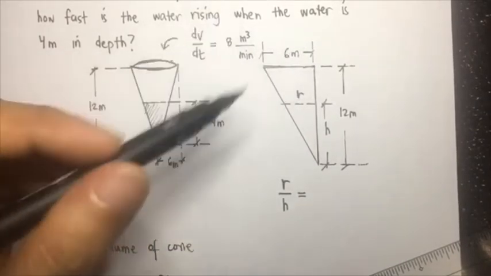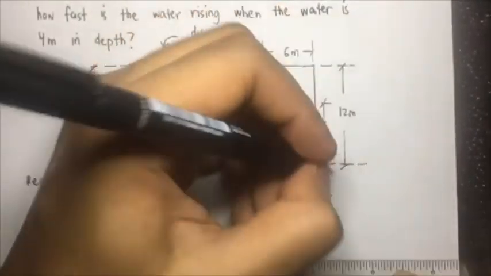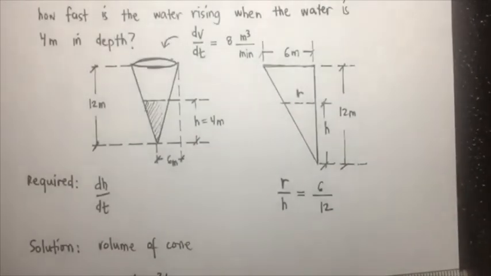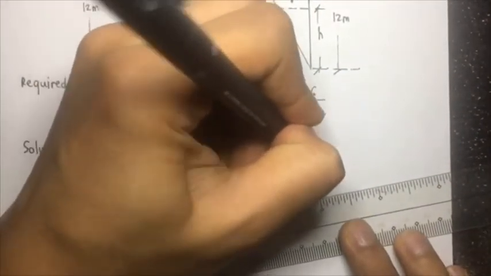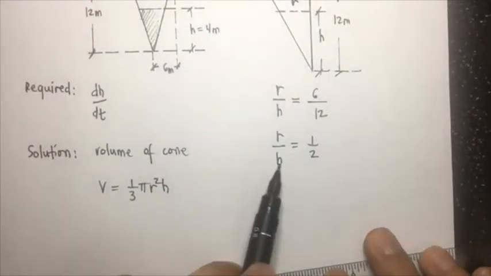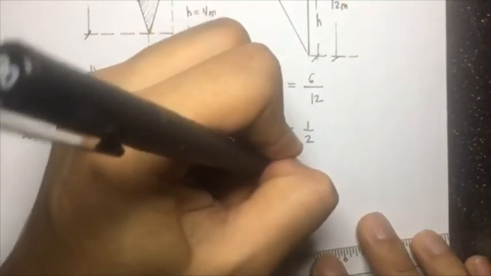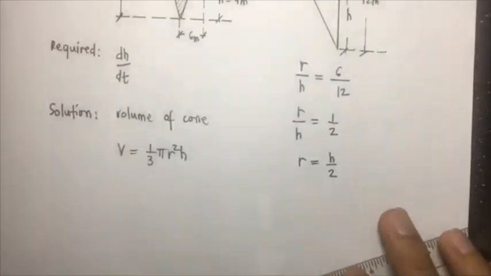So the radius of the larger triangle is 6, and its height is 12. Okay, so if we simplify that, r over h is equal to 1/2. If we cross multiply h on the other side, so r is equal to h over 2.